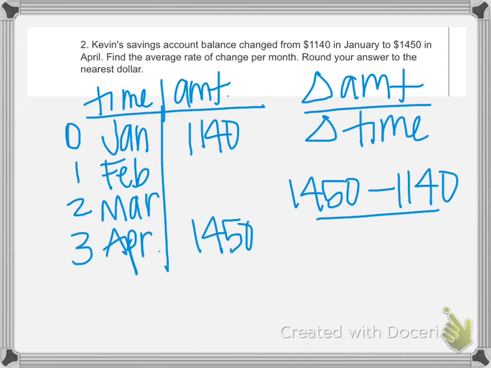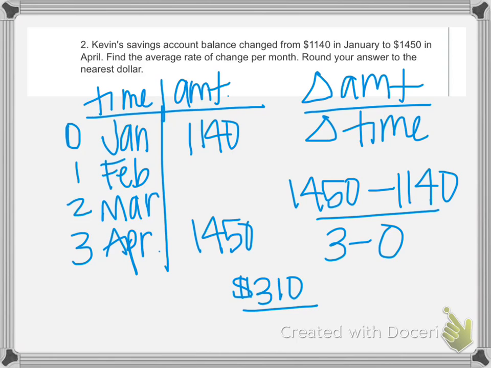Then from April to January, we would do 3 minus 0, which is 3. So 1,450 minus 1,140 is $310 over 3.